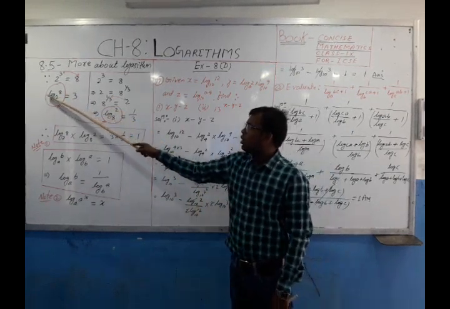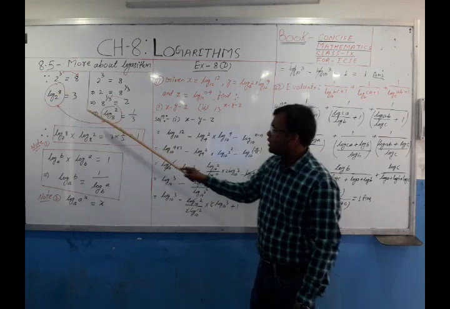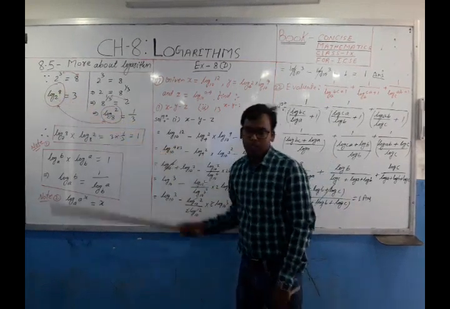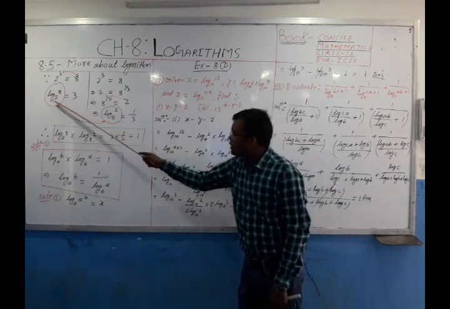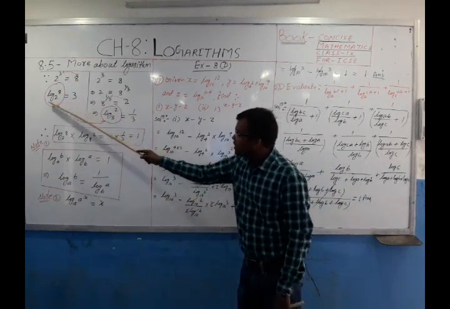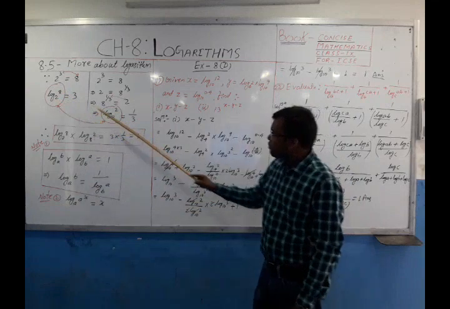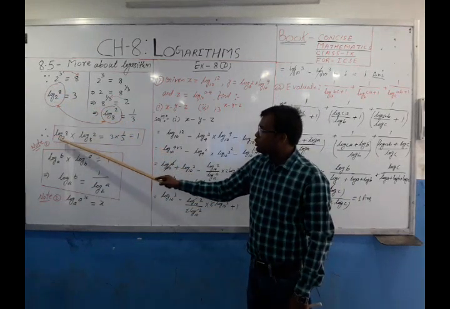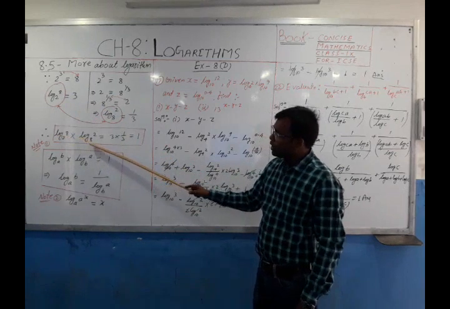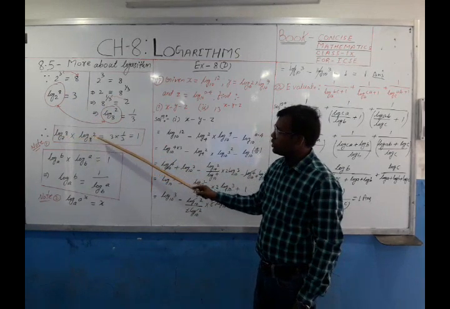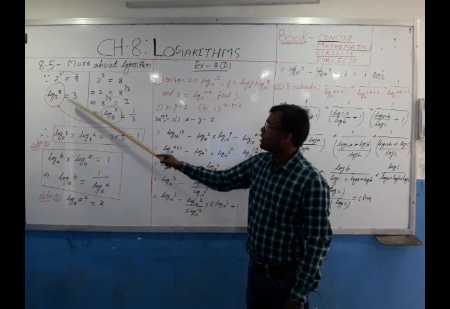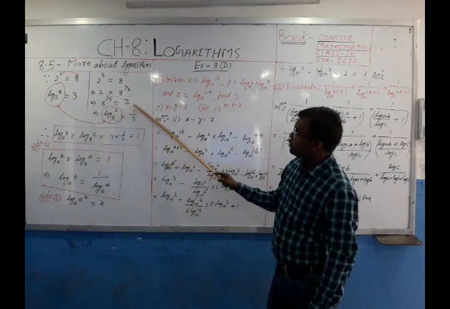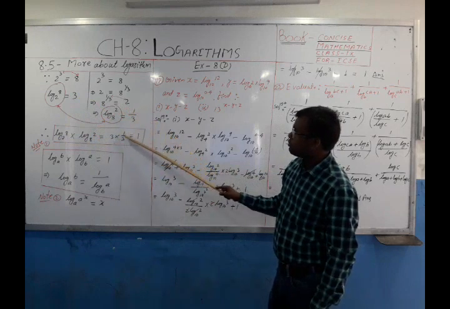That means interchange both base and exponent. That means if you multiply these two expressions, log 8 base 2 into log 2 base 8 is equal to, log 8 base 2 is what? 3, and log 2 base 8 is equal to what? 1 by 3. So 3 into 1 by 3 is equal to what?